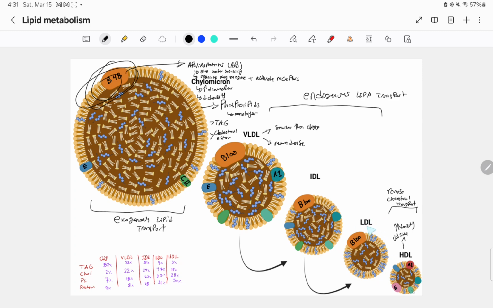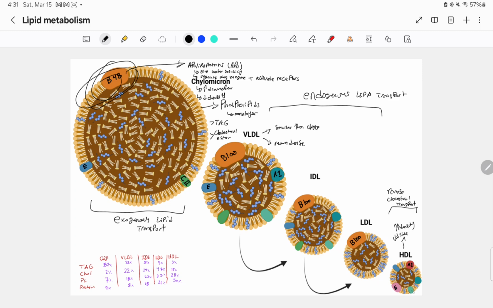That's why it gets the rep of bad cholesterol, because it carries cholesterol and deposits it into the tissues. HDL gets the rep of good cholesterol because it's going to take that cholesterol from the tissues and bring it back to the liver. That's why it's called reverse cholesterol transport. It is doing the reverse of LDL.